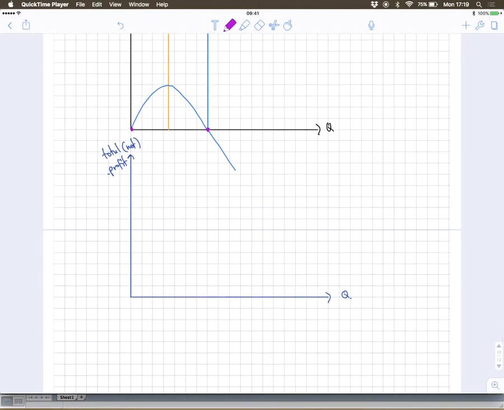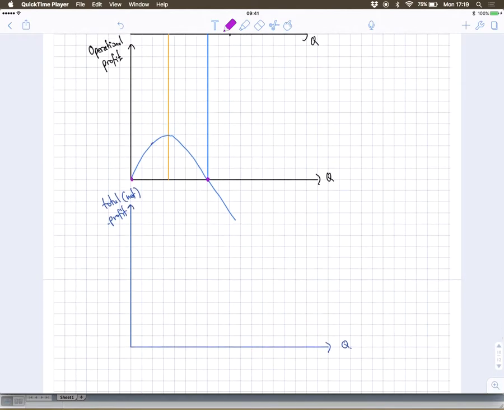So if you have fixed costs, what will happen to this graph? It will shift downwards. So if you did have fixed costs, what you would do is take this right here, and then slide it down by whatever the amount of fixed cost that you have.